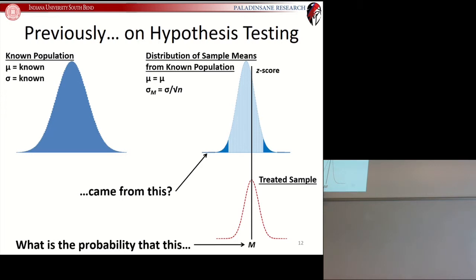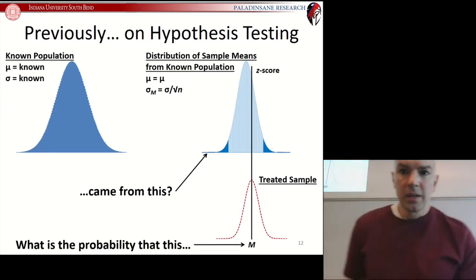On the other hand, if our treated sample ended up in the tails, then it is highly unlikely. It is a very low probability that it came from this population, because there's very few samples in those tails, which means that it's unlikely to still belong to this known population, which means that our treatment did something.